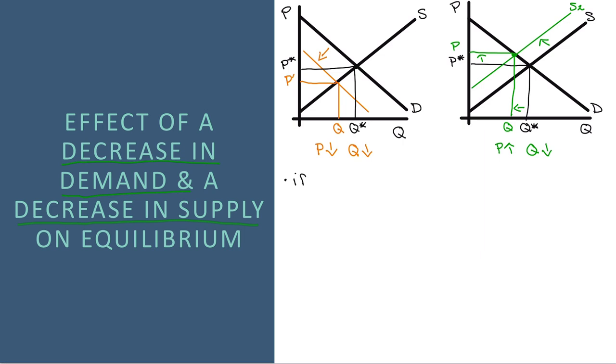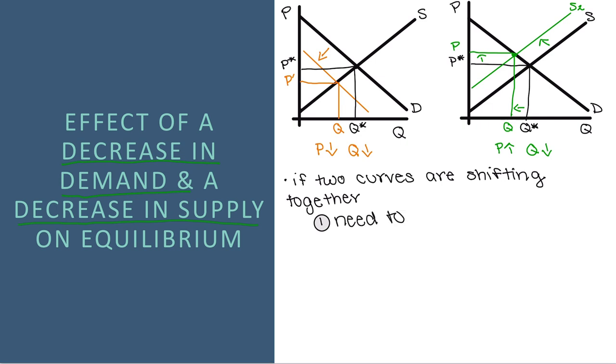So if two curves are shifting simultaneously, you need to know which one is bigger, or which shift is bigger.